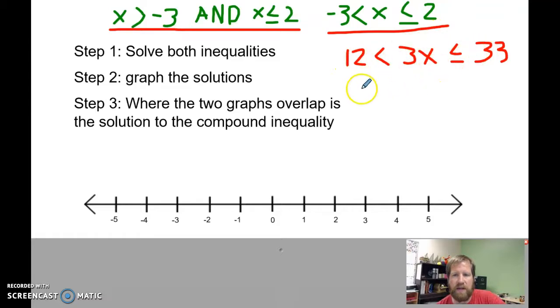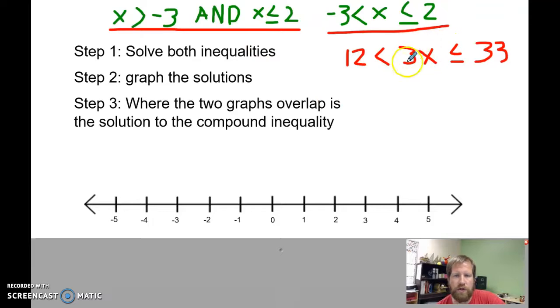This is basically 12 is less than 3x, and then a separate 3x is less than or equal to 33. And you can solve the two separately, or you can do them all at once. And that's what we're going to work on for this one.